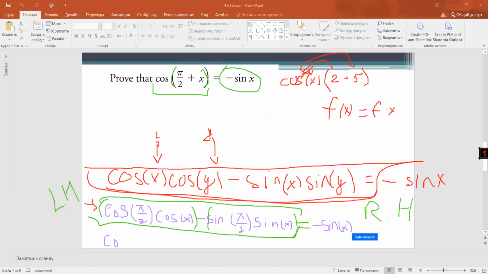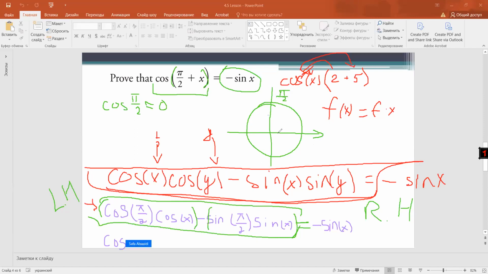Then the next line, considering that you previously said cosine pi over 2 equals 0, and that's absolutely right, because if you sketch the unit circle, pi over 2 is a 90-degree angle, and cosines are arranged on the x-axis.